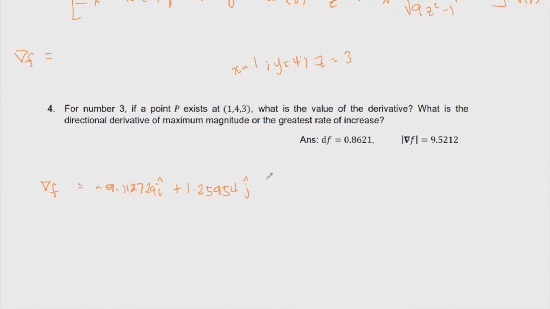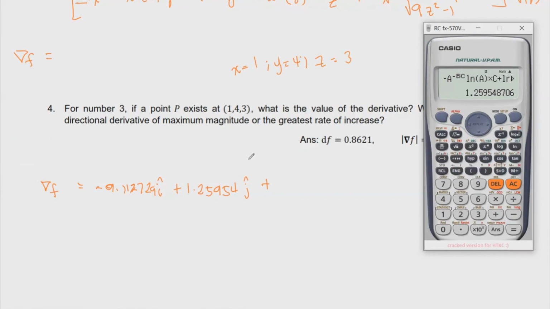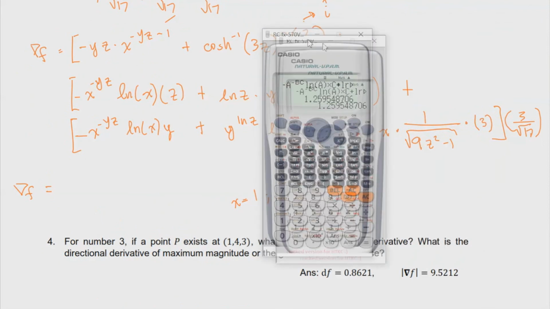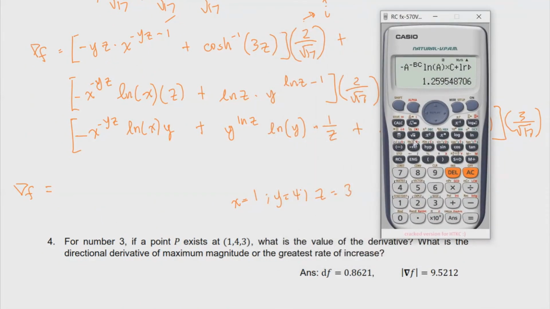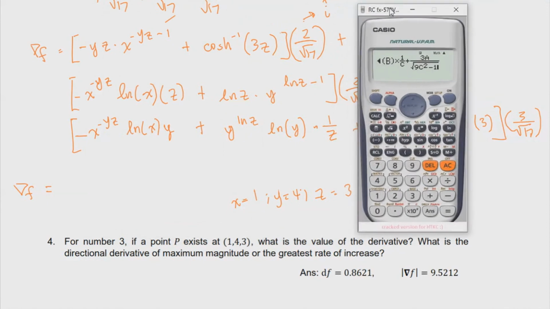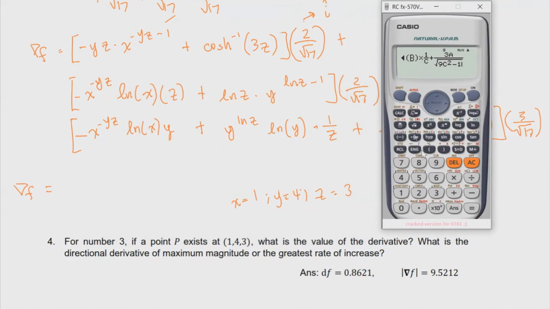Okay, and then finally you do the same with k. For your k, it's the longest expression, I think. But I just have to follow through this. That's negative a. Okay, so finally we solve for this a, b, and then c.